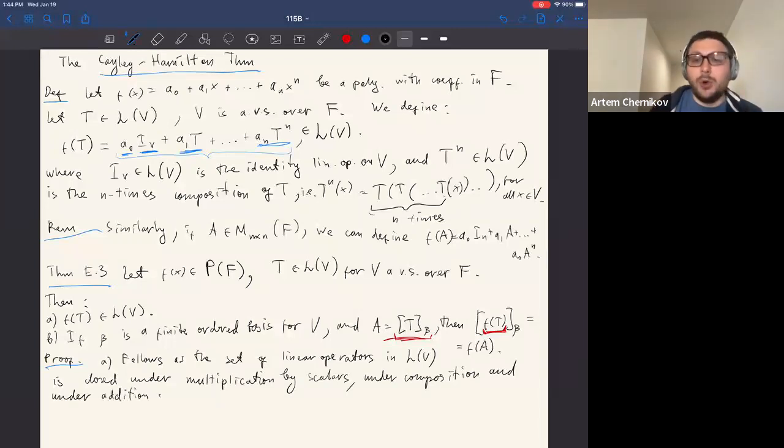We already know that the set of all linear operators is closed under all these operations from before.